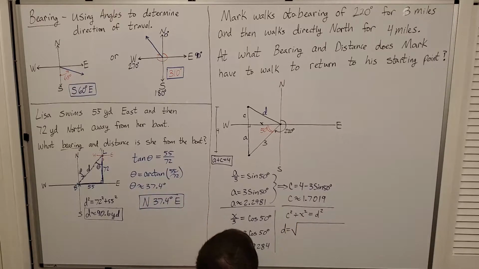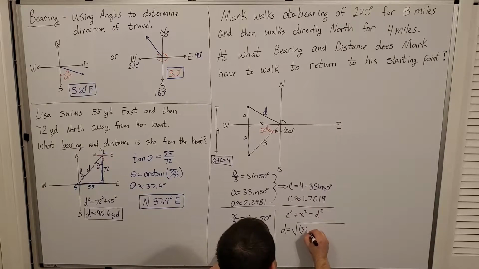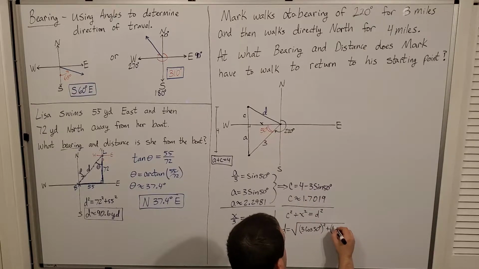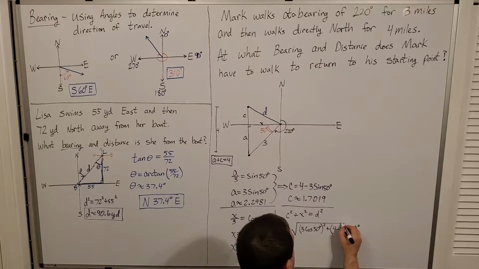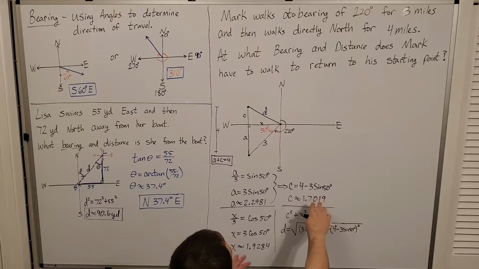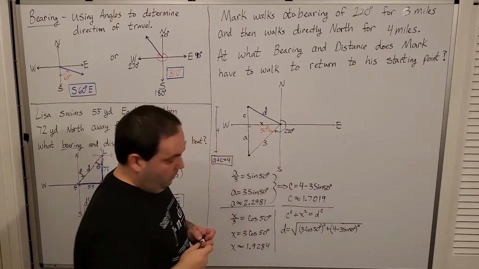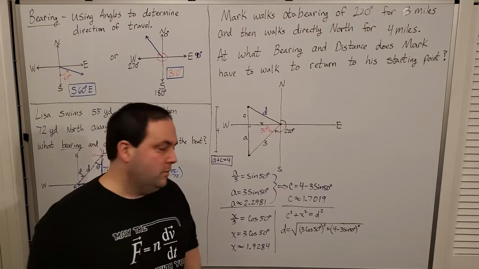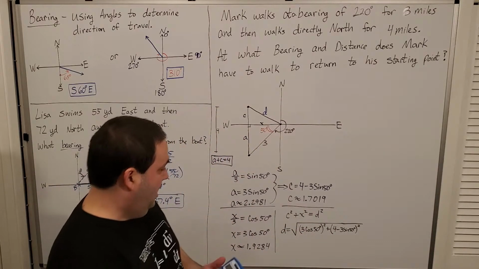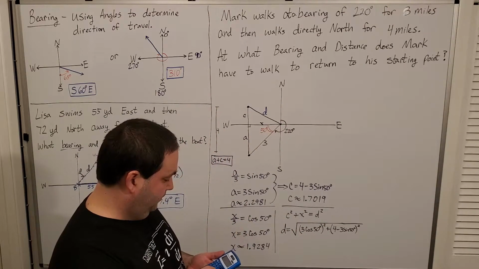X squared is 3 cosine of 50 degrees squared, and C is 4 minus 3 sine 50 degrees squared. Okay, now that's just me being accurate. You could probably get away with doing these two decimals punched in. But I'm going to try and get this as accurate as possible. So these are the actual calculations for X and C, and I'm going to type it in just like that.